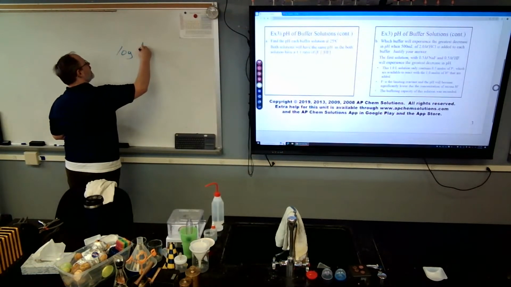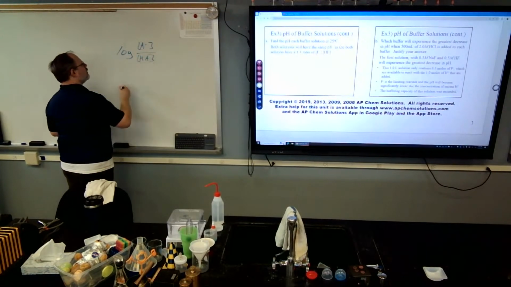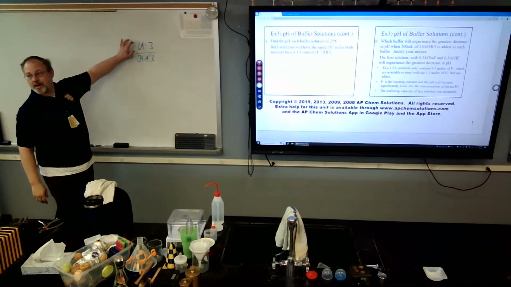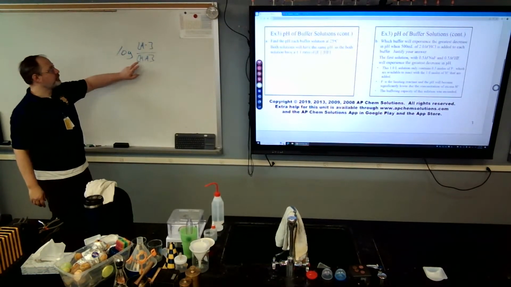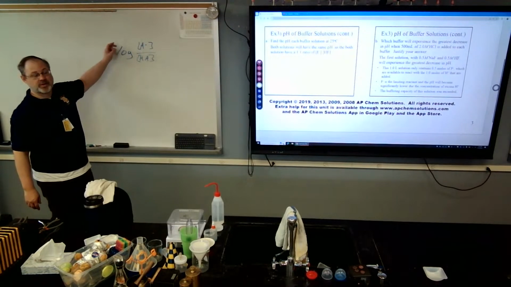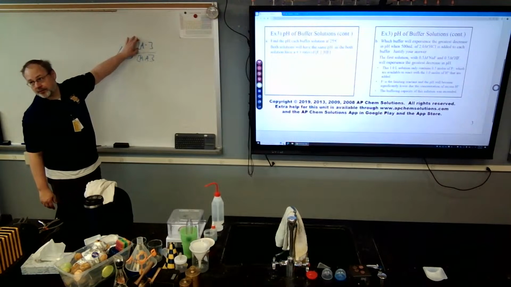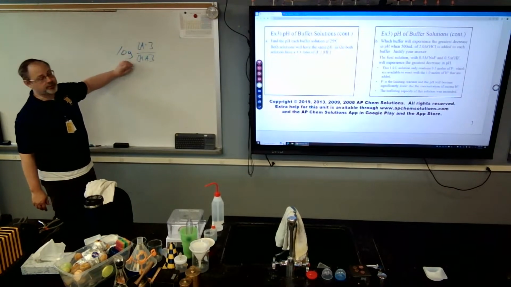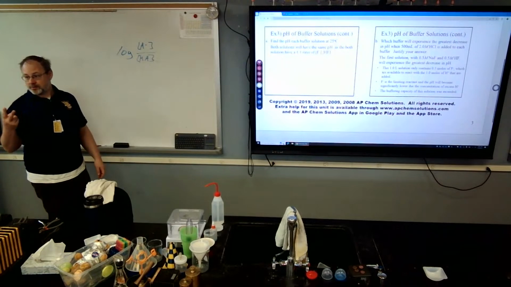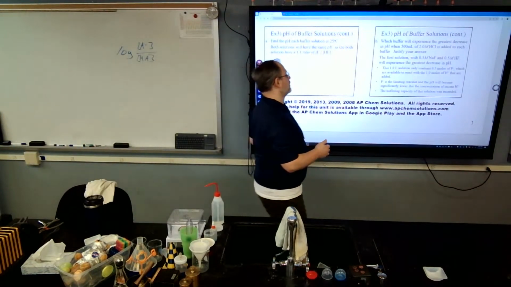It's a logarithm of A minus over HA. Which means if you had 10 times more A minus and 10 times less HA, this would be a ratio change of 100, which is only a logarithm difference of 2. So it only changes the pH by 2. That's why buffers do what they do.